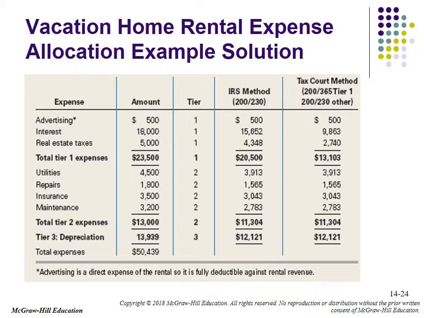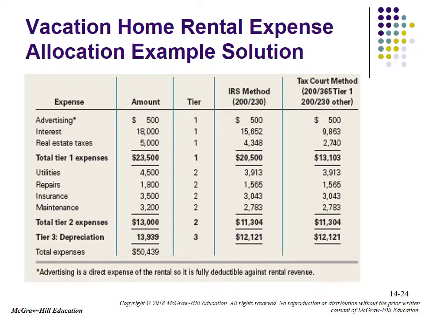method. The only difference between the IRS method and the tax court method is how we calculate Tier 1 expenses. Take a look. The interest under the tax court method, they use 200 days of rental over a 365-day year.